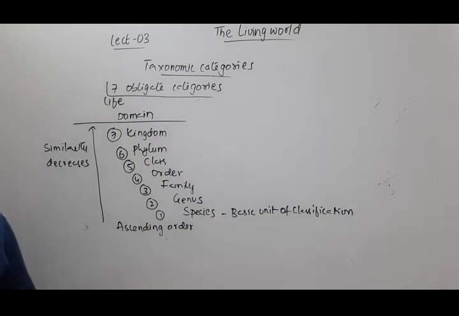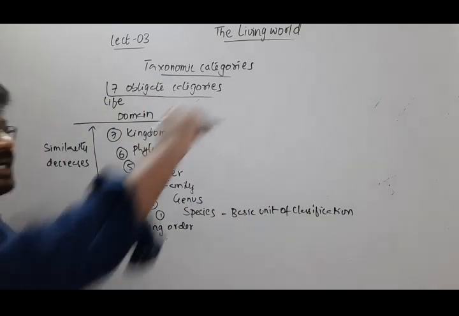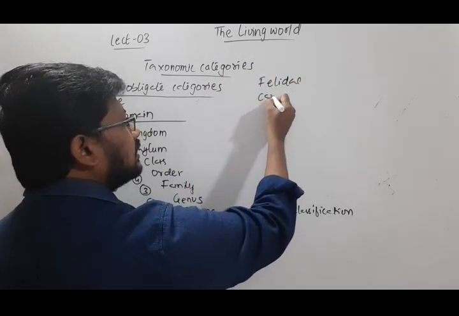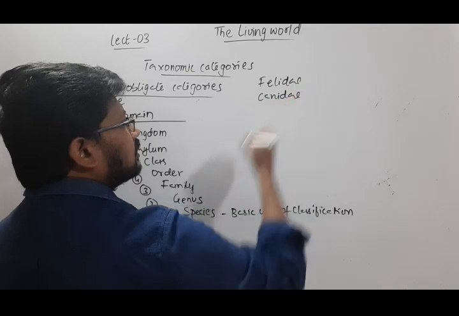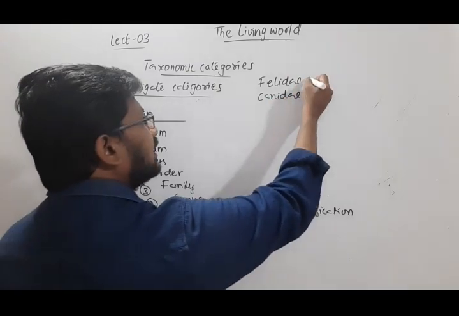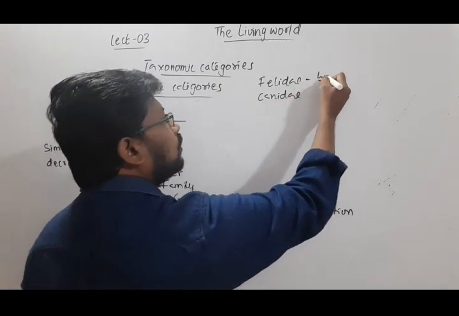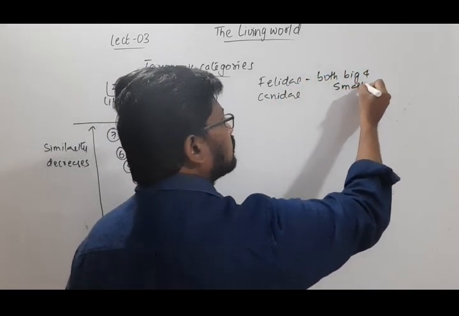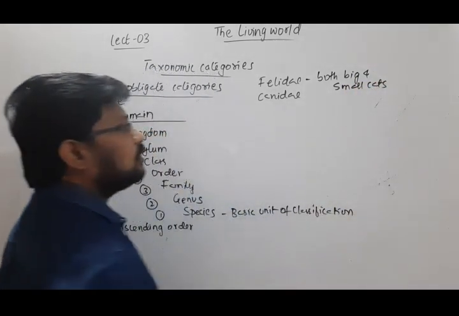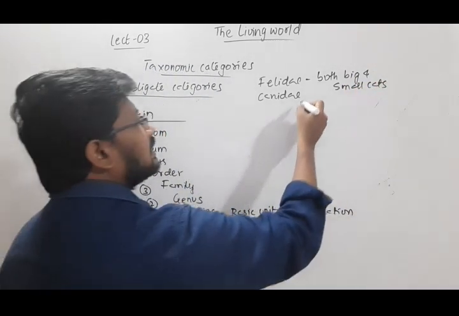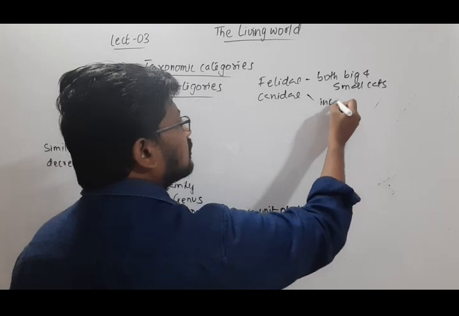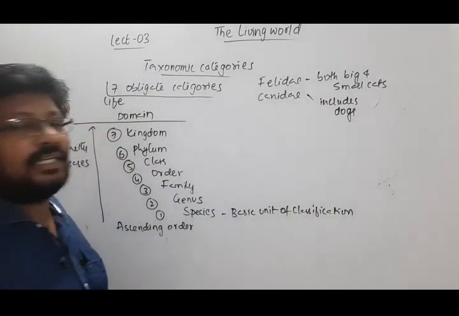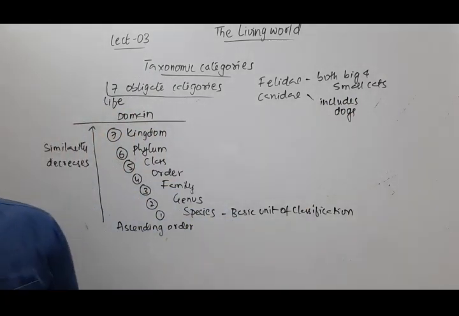Like if we see in the case of Felidae, then Canidae. This Felidae includes both big and small cats, whereas Canidae is a family that includes dogs.